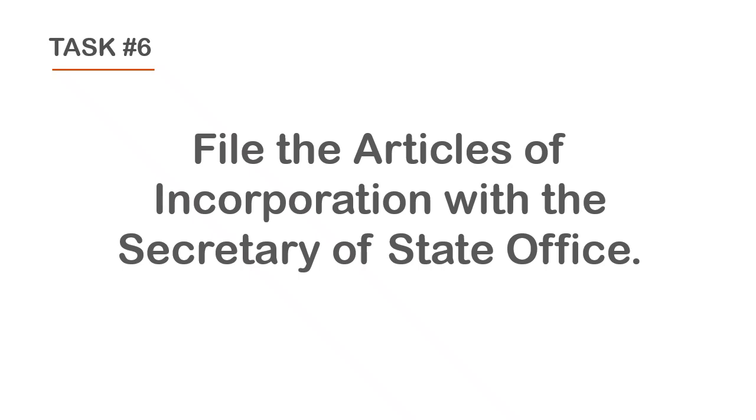Once your application is reviewed and approved, then it's deemed as filed, and you will have a stamp on the top right corner that says filed and the filing date. You will use that particular document to include in your application to the IRS.